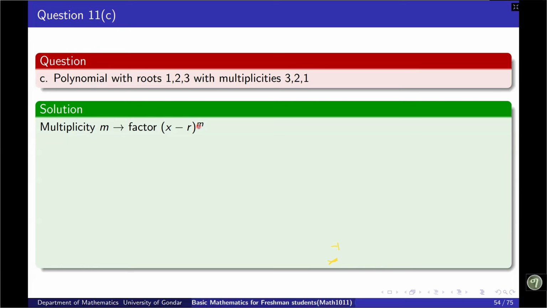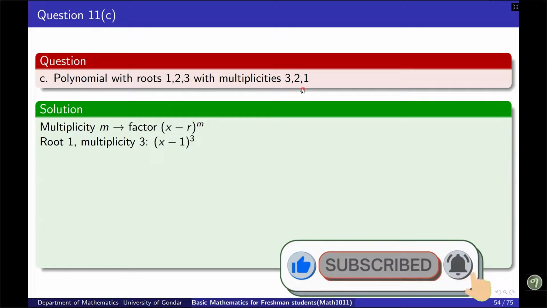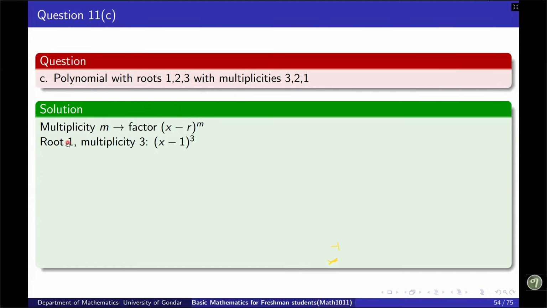Therefore, when we apply this idea for obtaining the expected polynomial with these roots with their corresponding multiplicities, we have 1 is the root of the given polynomial function with multiplicity 3, so that x minus 1 to the power of 3 must be a factor of the polynomial function. Similarly, 2 is also a root with multiplicity 2, so that x minus 2 to the power of 2 must be another factor of the polynomial function.